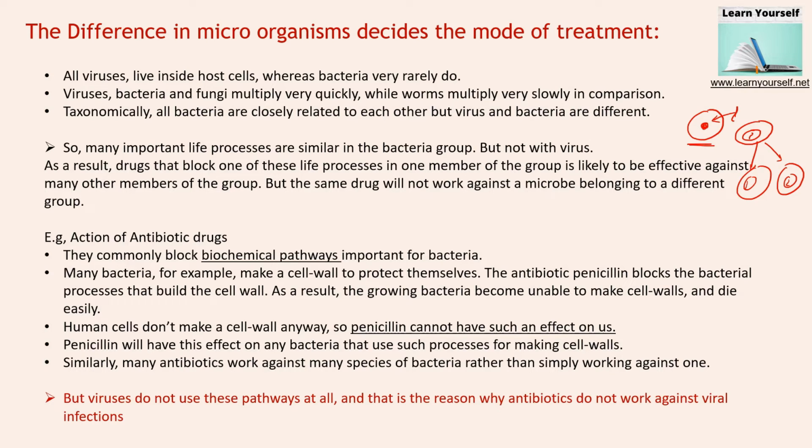Whereas bacteria have their own cell, and suppose if this is our cell, then the bacterial cell will be clearly different compared to us. As you can see, these are varieties of bacterial cells, whereas this is our cell. So bacterial cells are clearly different. They will not use our cell as a host cell. They are not using our body system, our mechanism for their multiplication.